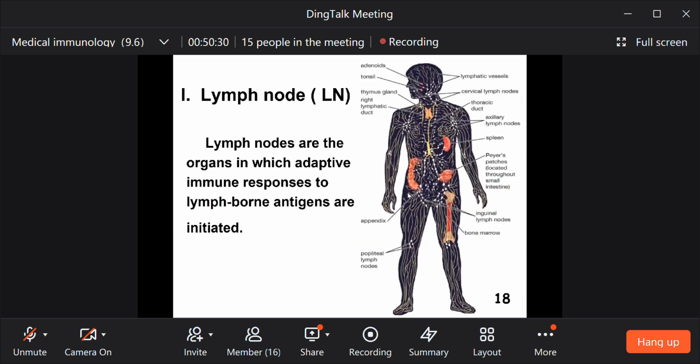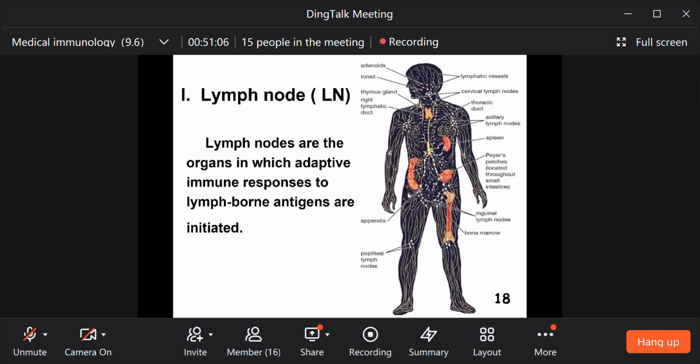The lymph nodes. Lymph nodes are the organs in which adaptive immune responses to lymph-borne antigens are initiated. Lymph nodes are small oval structures that can be anywhere from 1 millimeter to 25 millimeters big.